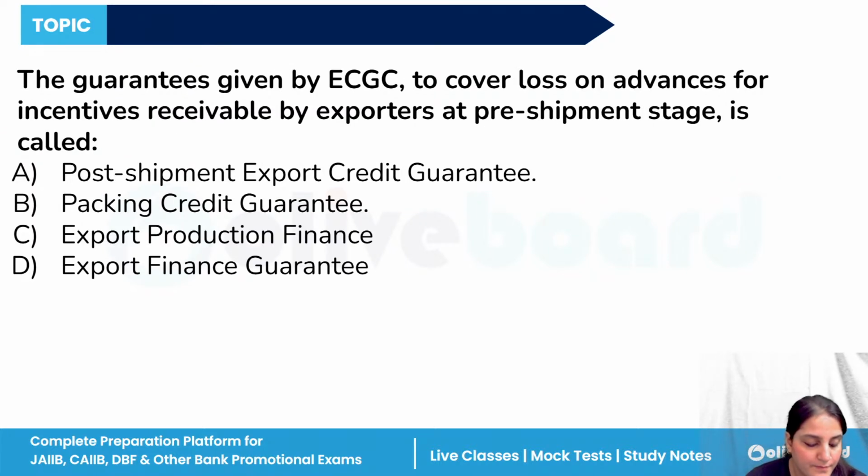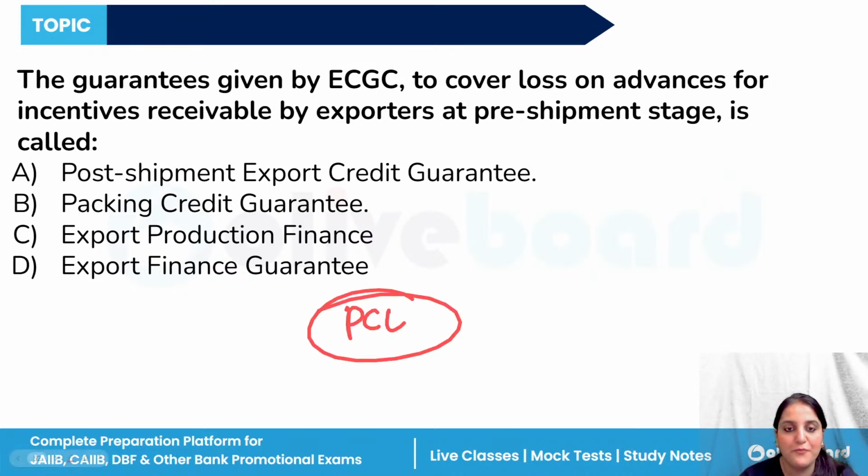Understood? Next, the guarantee given by the ECGC to cover loss on advances for incentives received by the exporters at the pre-shipment stage is called PCL. What is the meaning of PCL?